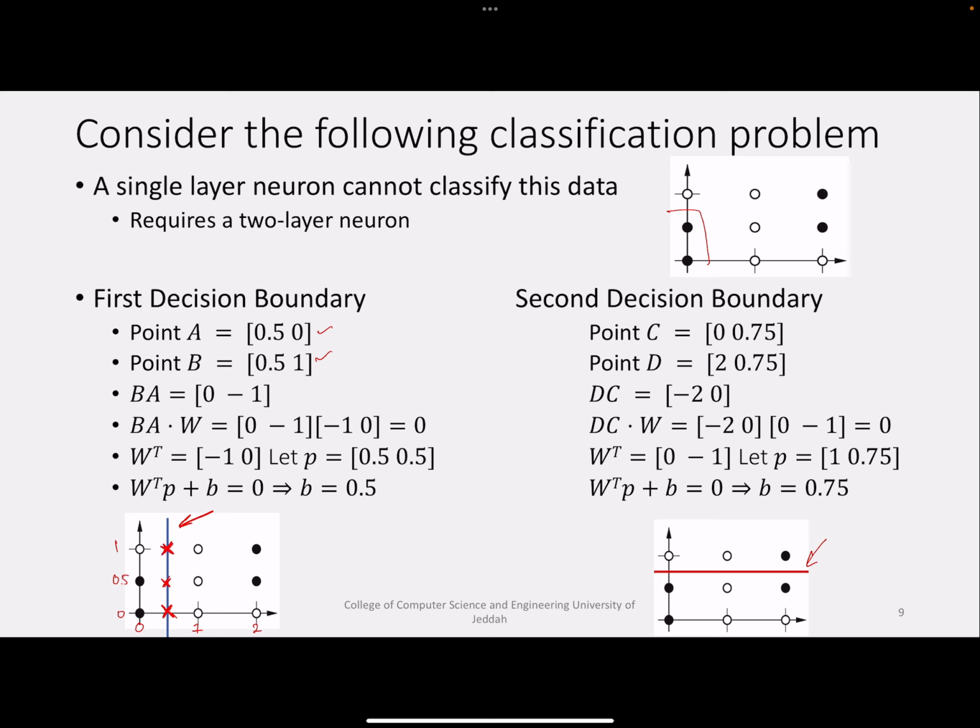Pick 2 points, find the distance vector, the vector between these 2 points, in this case 0, -1. Find a vector that's orthogonal to that: -1, 0. So basically it's a vector pointing to the left side and a 0 along the y-axis.